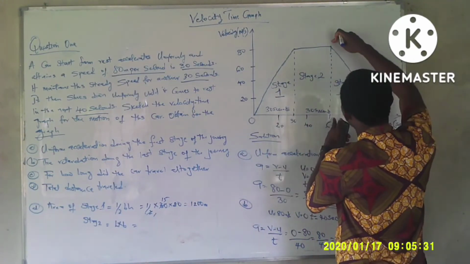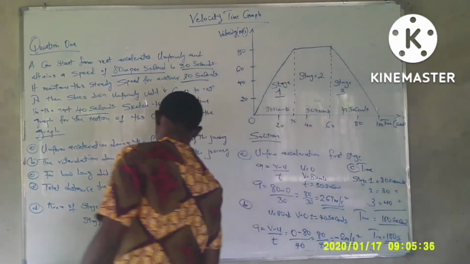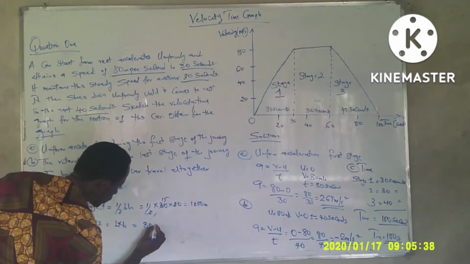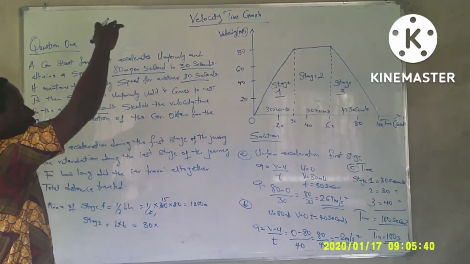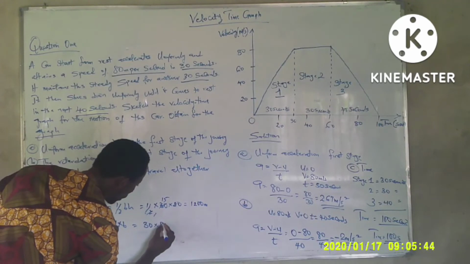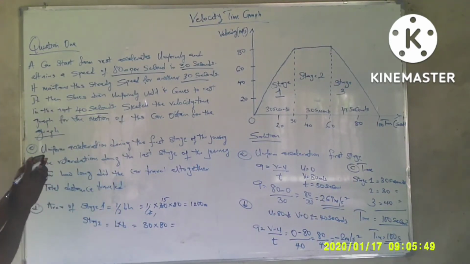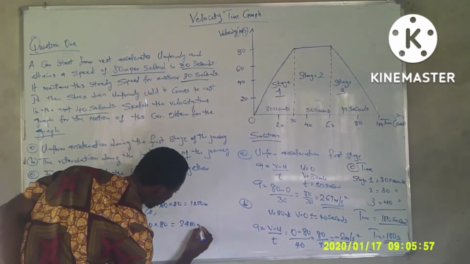And the breadth is the height, which is 80 meters per second. So 30 times 80 gives 2,400 meters.